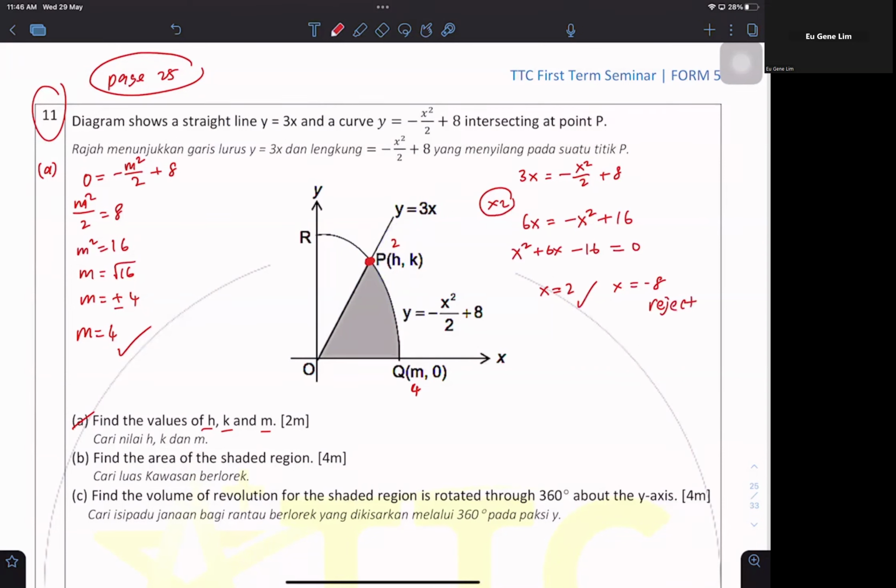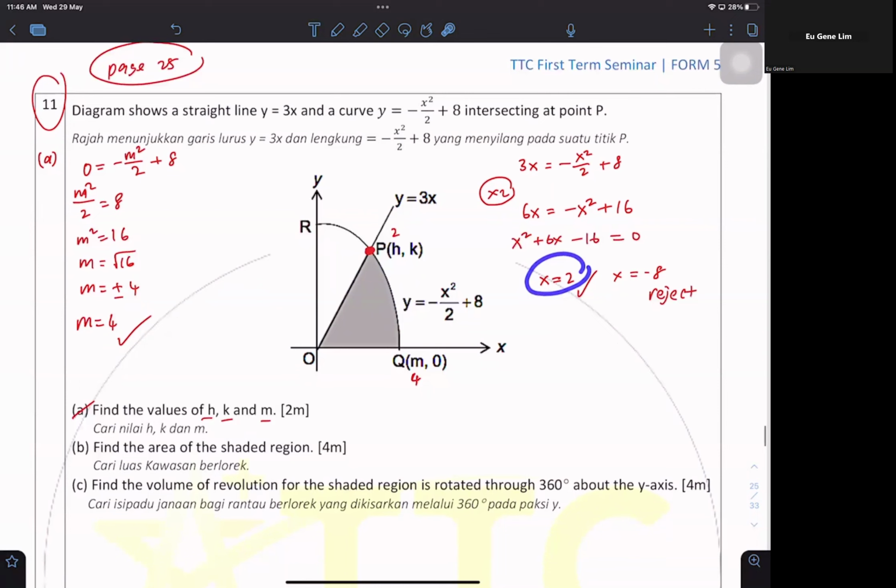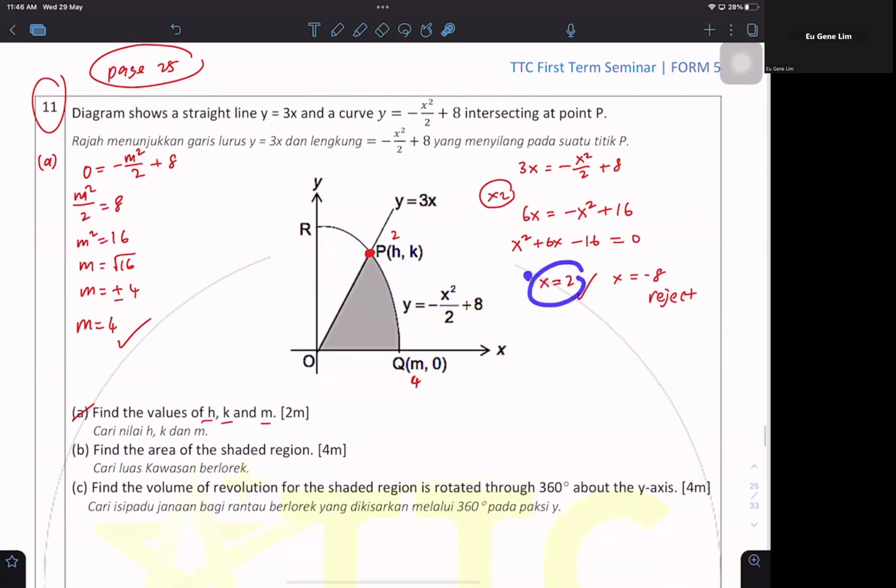Okay, good. But then you only found the x. x is not enough. You also need the y. You see the same kind of concept here. So how to find the y? You sub the x back to the original equation.